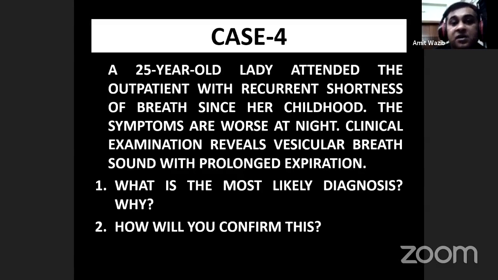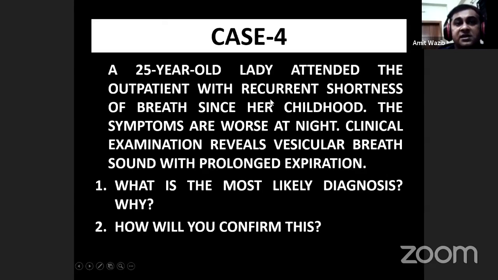Okay. So how will you confirm this case? With the help of spirometry, of course. So why is this bronchial asthma? In this scenario, we have quite a few pieces of information that indicate bronchial asthma. One is childhood onset.